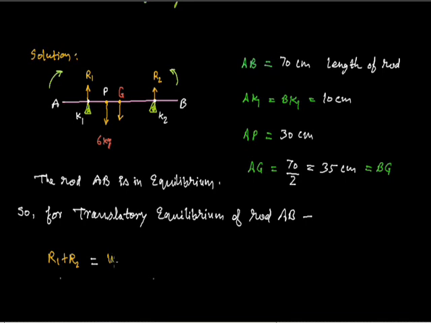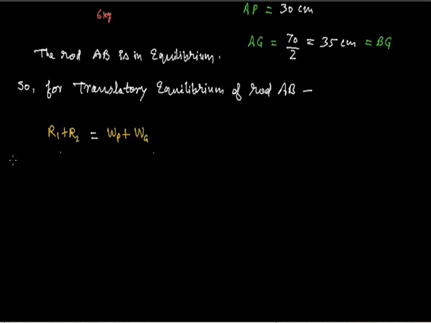That is the sum of weight suspended at point P and weight of the rod acting at its center of gravity, which we can write further as R1 plus R2. The reactions R1 plus R2 will be equal to weight at point P plus weight at point G.